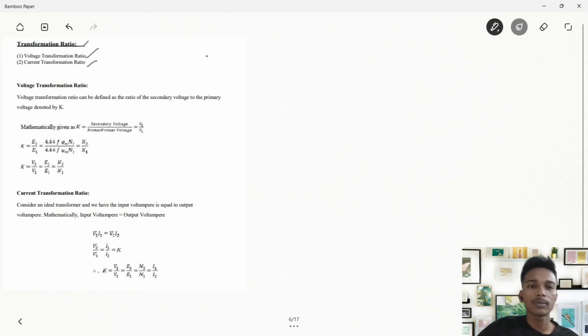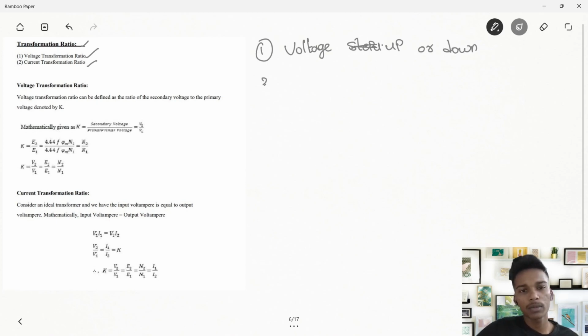We use transformers basically for two major purposes. One is for voltage step up or step down, voltage up or voltage down. Another purpose is current up or current down.